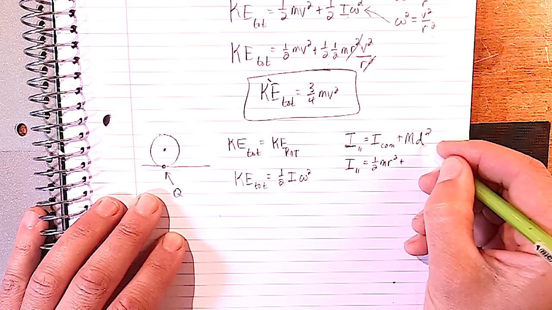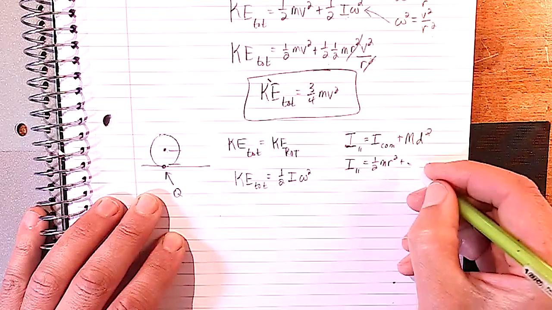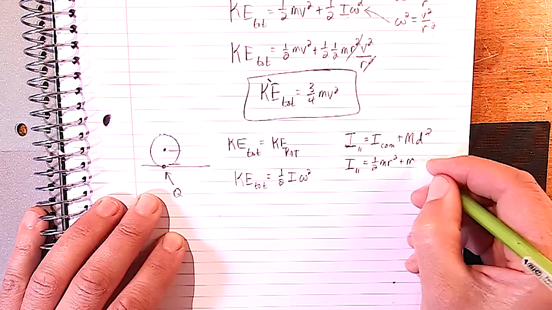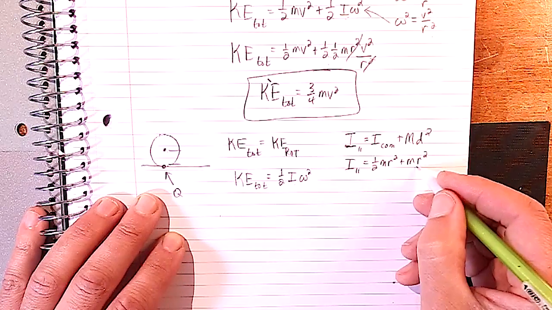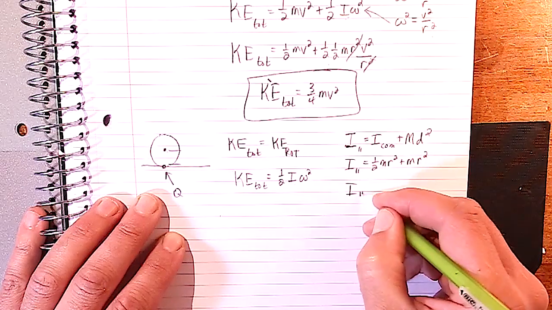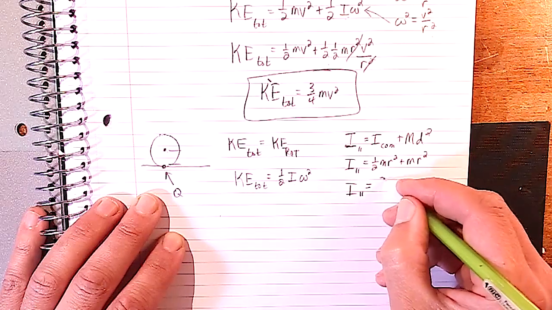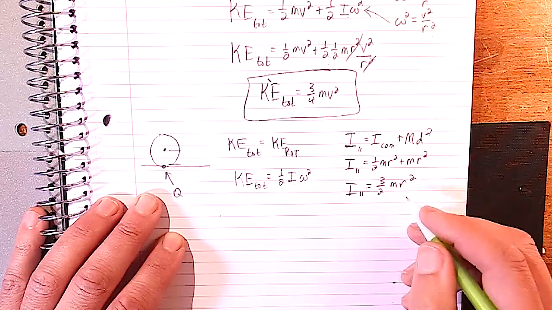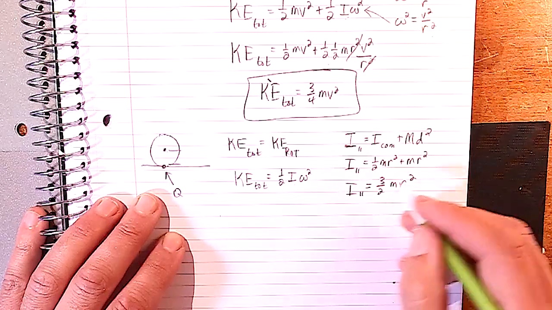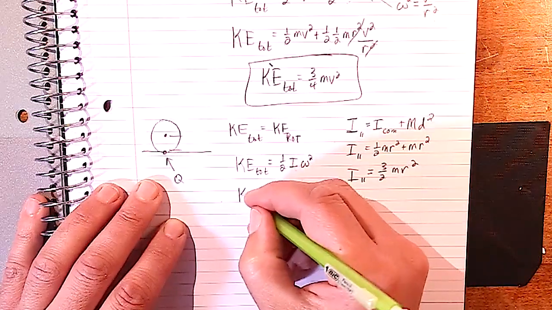And we know that d in this case is going to be our parallel axis, which is also r. So we add 1/2 mr squared and mr squared, so we get a new moment of inertia of 3/2 mr squared. So we can sub this in for our I.